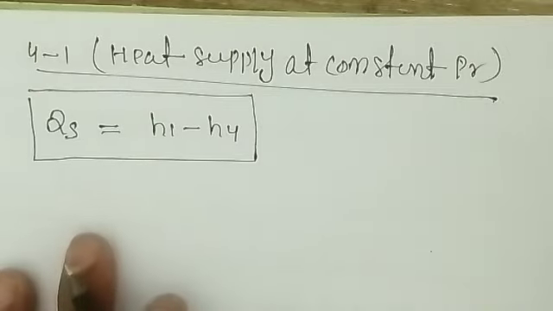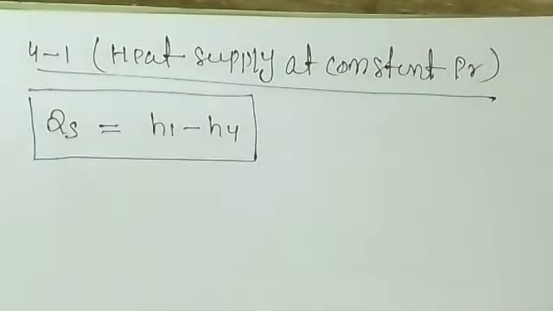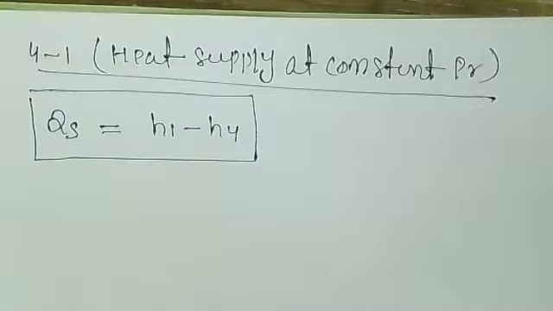Alright, so this is how we will see the work in turbine, work in pump, heat rejection and heat supply. Now we have to find out the thermal efficiency, right?